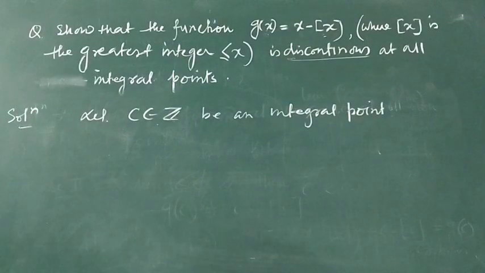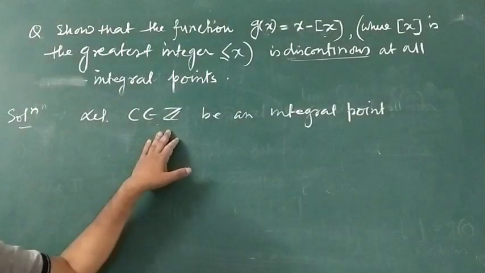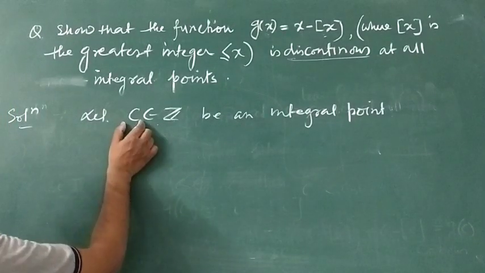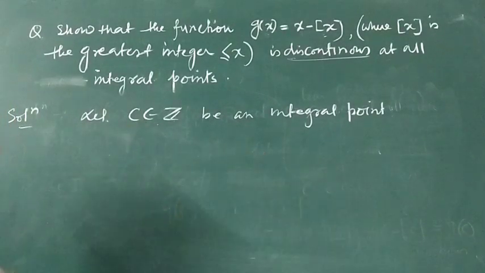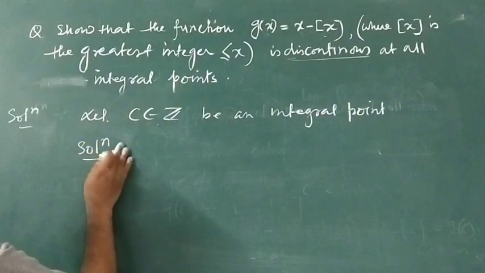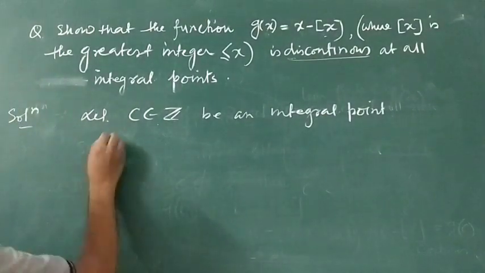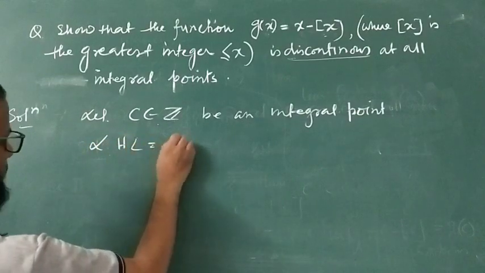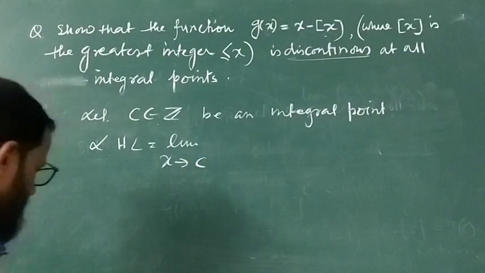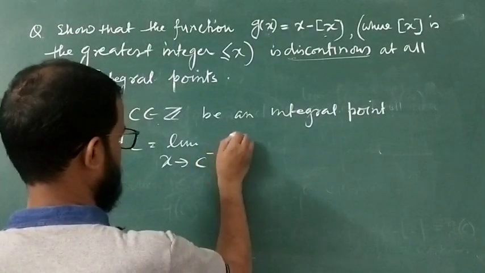Checking one by one would be a lengthy process, so we will find the result for C, and by replacing C with 0, 1, 2 we can conclude our result. So take the left hand limit: the limit as x tends to C minus of G of x.